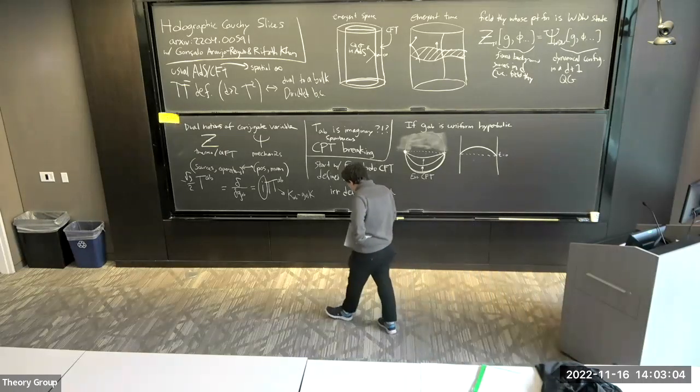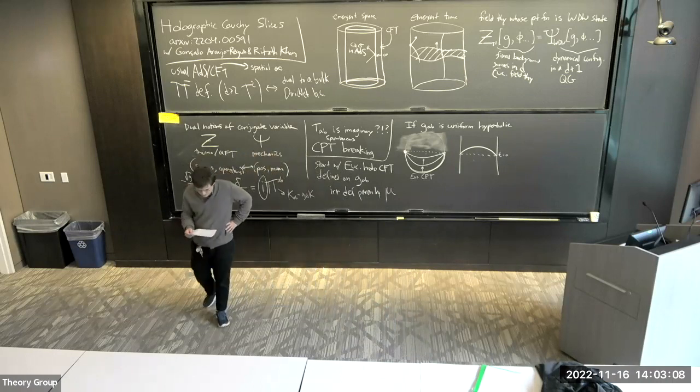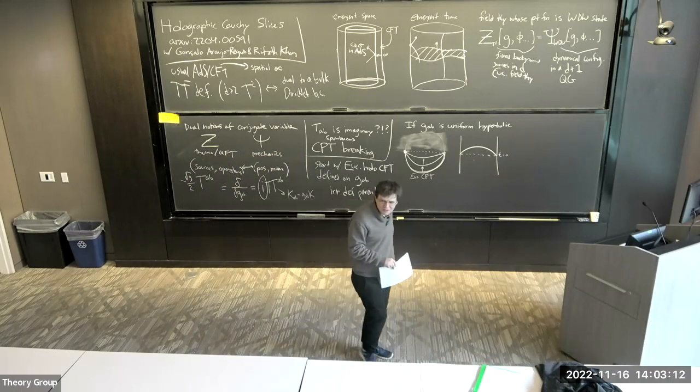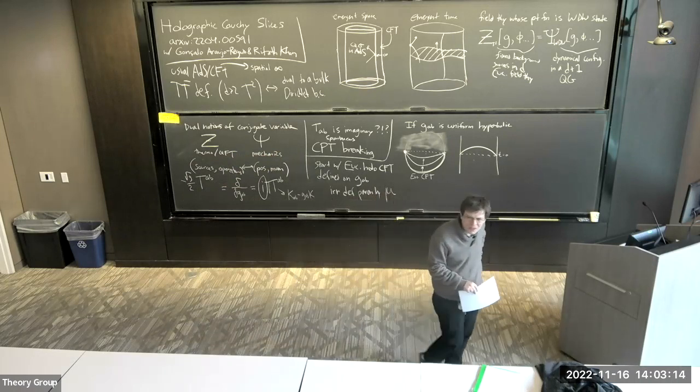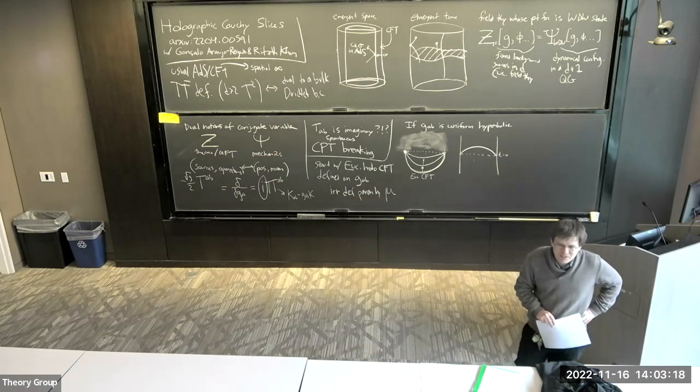Okay, it's just a rescaling. You can set things up so mu is the only dimensional parameter in the problem. And if you do that, varying mu is equivalent to rescaling your metric. That seems really far from obvious to me.